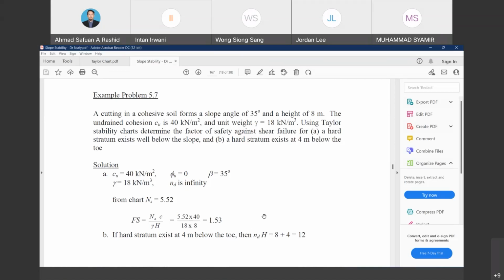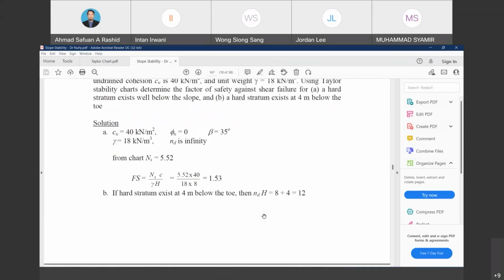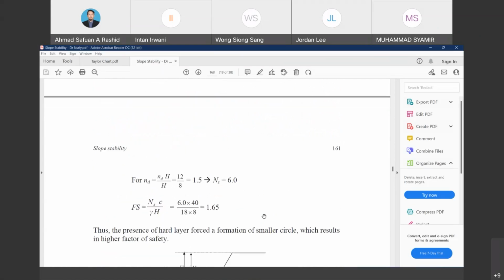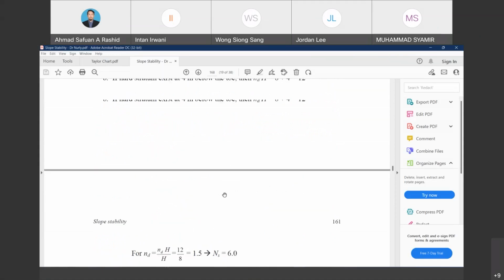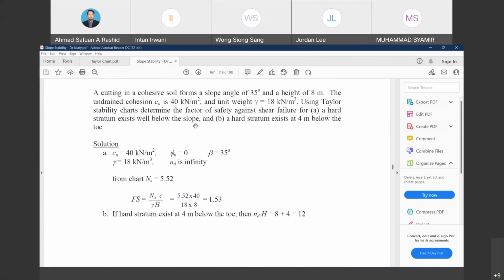No, the H is the height of the slope. Oh, okay. I guess it's far below the slope.